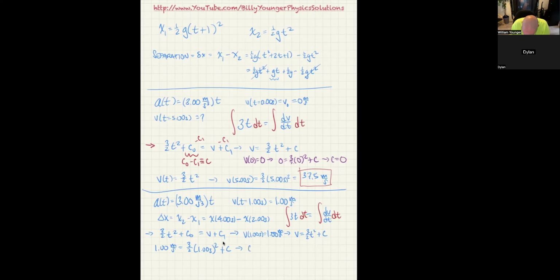So c equals negative 0.500, and obviously that would ultimately have units of meters per second. So now we can say that v of t is equal to 3/2 t squared minus 0.50 meters per second. Of course, the units of 3/2 are meters per second cubed. But the main thing is you can now see there's nothing else you can do.